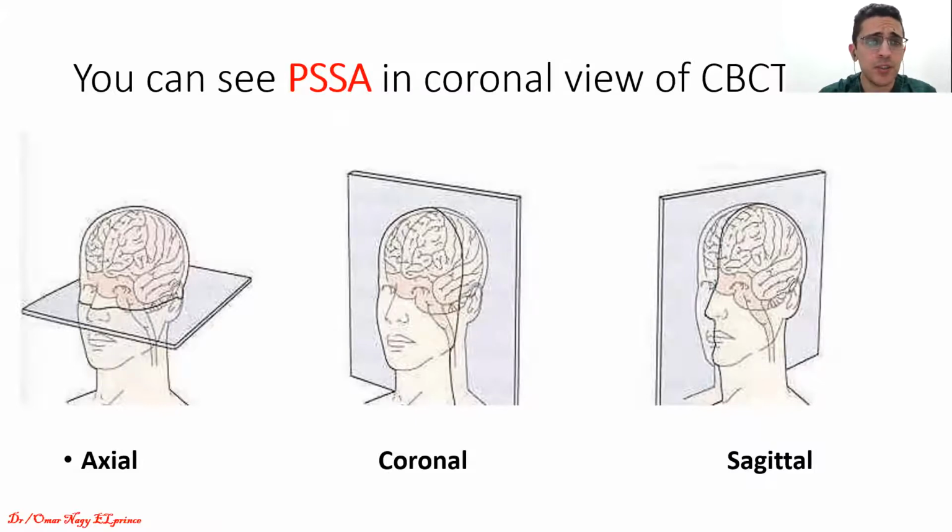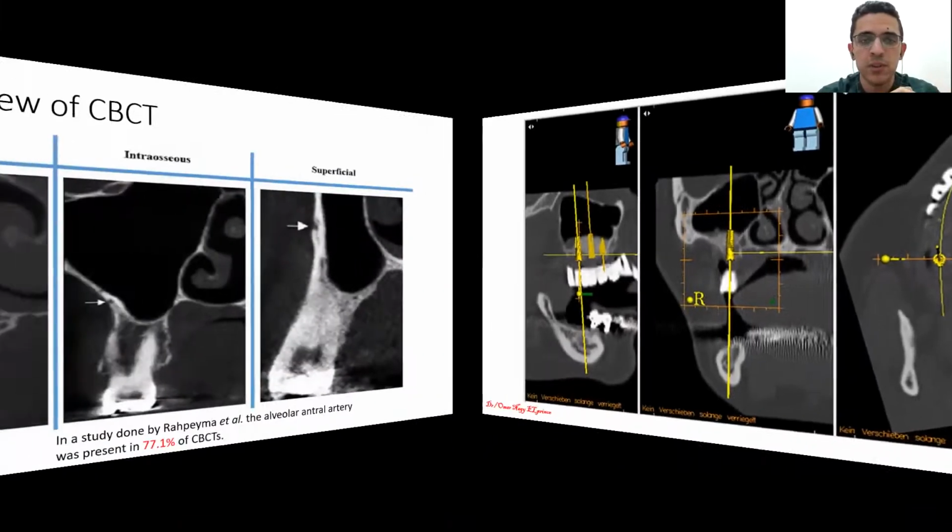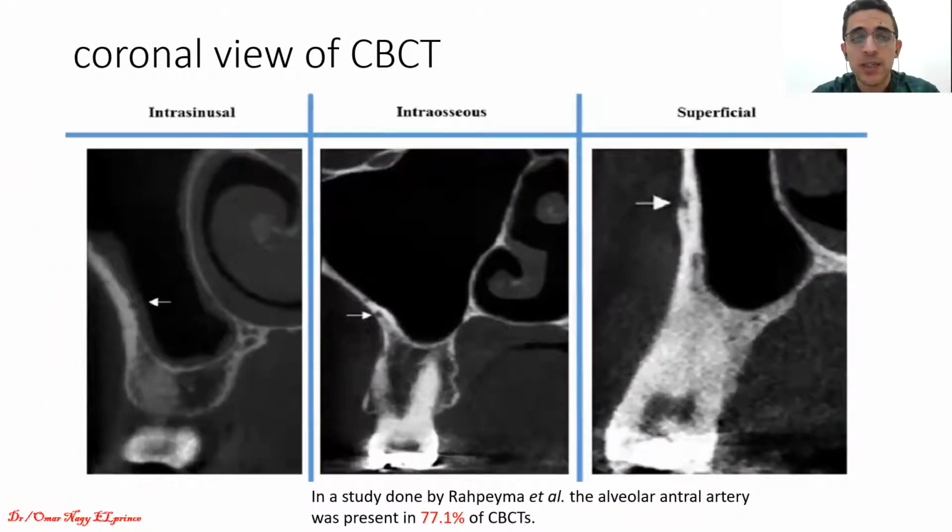Of course you can see posterior superior alveolar artery في فيو اللي هو في الكورونال فيو في السي بي سي تي. A gentle reminder كده الكورونال فيو is just the view where you face your patient. يعني اما بتشوف البيشنت من كورونال فيو وجها الى وجه، ده كده الفيو اللي انت تقدر تشوف فيه ال posterior superior alveolar artery و you can see it في واحد من الثلاثه دول. يعني ممكن ان انت تشوفه like this or like this or like this.